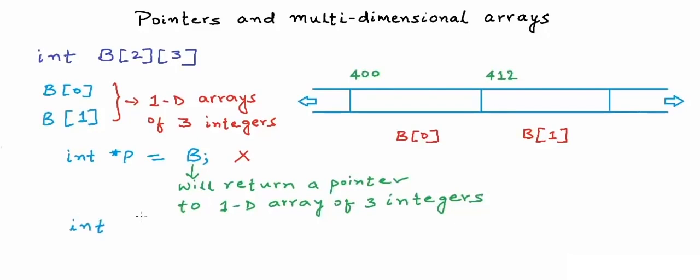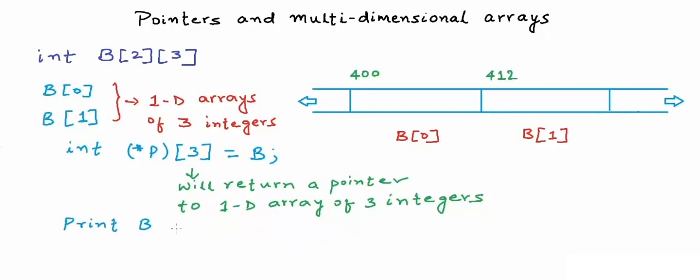We can define a pointer to 1D array of 3 integers like this. And now if I'll equate this with p, this is alright. Equate B with p. This time if I would print just p, which is same as printing address of B[0], this will be 400.